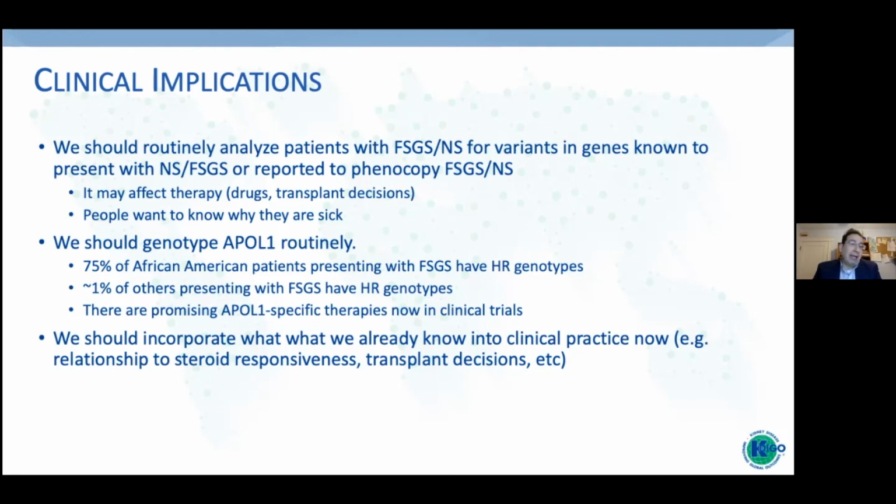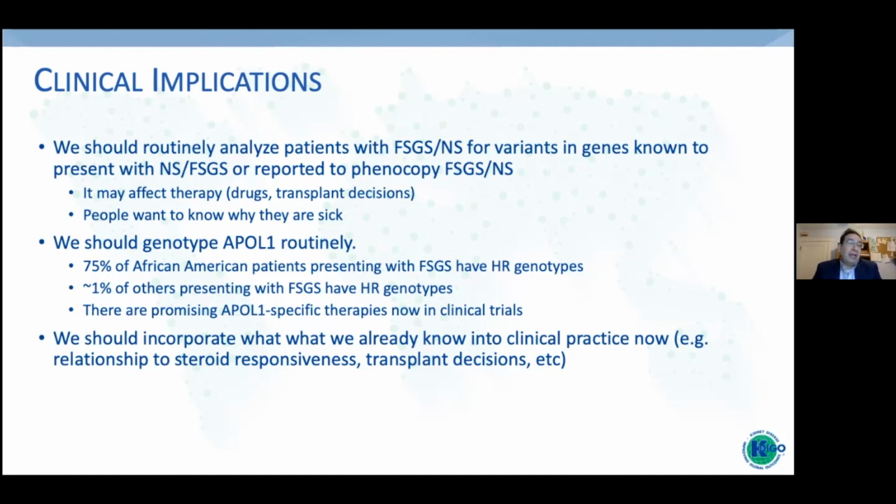In particular, I would argue that we should be genotyping APOL1 pretty routinely. Almost 75% of African-American patients presenting with FSGS have high-risk APOL1 genotypes. Probably just under 1% of people who don't describe themselves as African-American in the United States with FSGS have high-risk APOL1 genotypes.